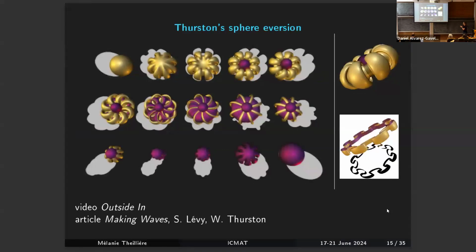So the aim of Thurston was not to write an algorithm for curves, it was to give a sphere eversion. So to do that, Thurston considers a sphere at the beginning which is gold outside, purple inside, and at the end a sphere which is purple outside, gold inside. He pushes the north and the south pole, but doing that there is a singularity which appears on the equator.